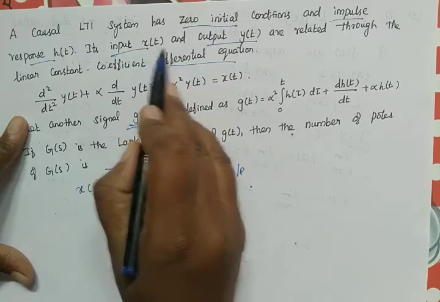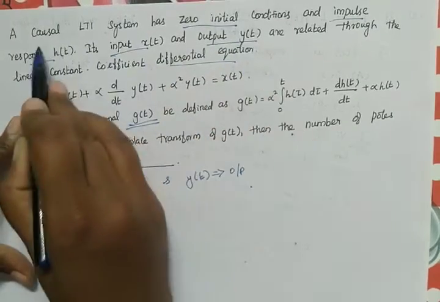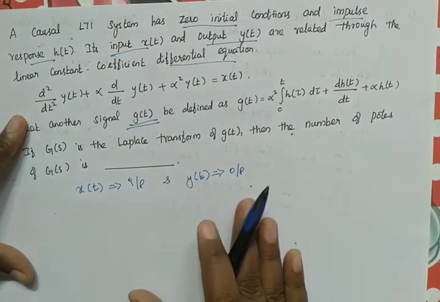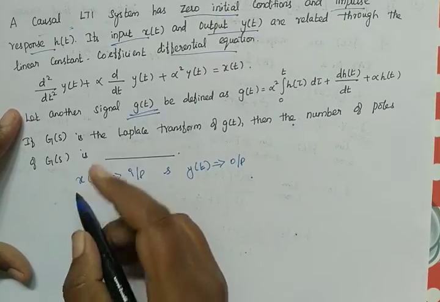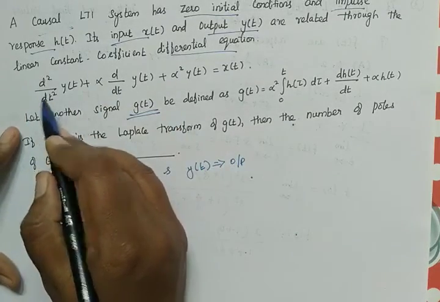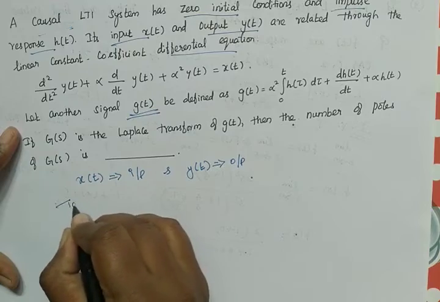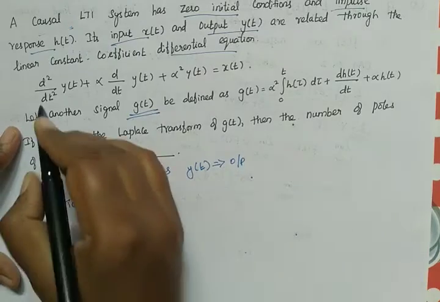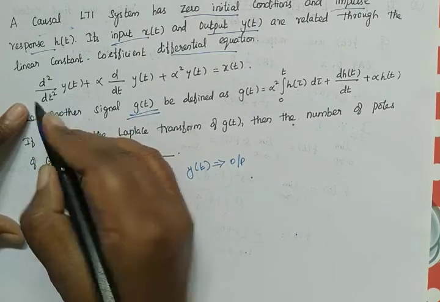So x(t) is the input and y(t) is the output of a causal LTI, that is linear time-invariant, system. Now let us take the Laplace transform of this equation, where we have d squared by dt squared.